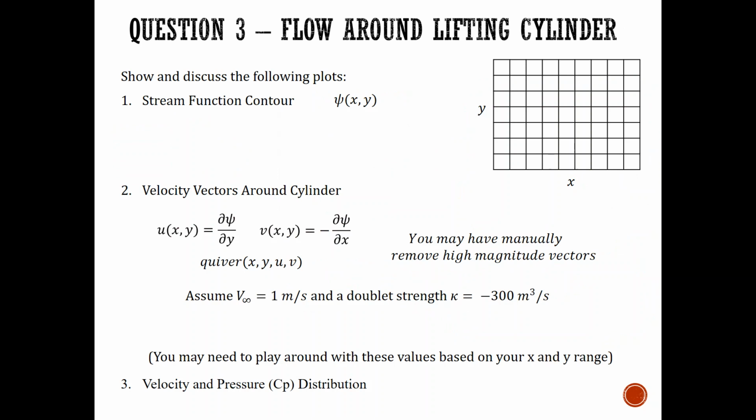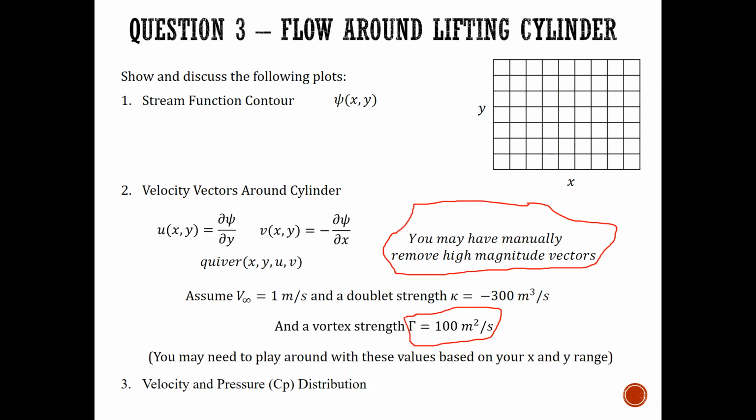Okay. And then you're basically plotting. The only thing that will change is you need to add a vortex strength as well, like circulation. So basically, these are all the different things that you've got to do to simulate flow over a lifting cylinder. Again, keep in mind you still have to remove the high magnitude velocity vectors so that the vectors are visible.